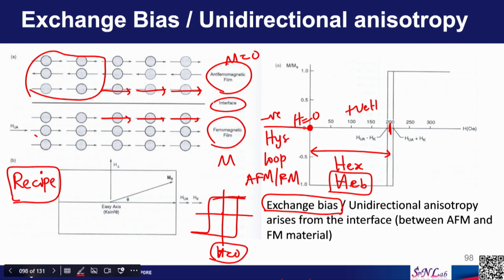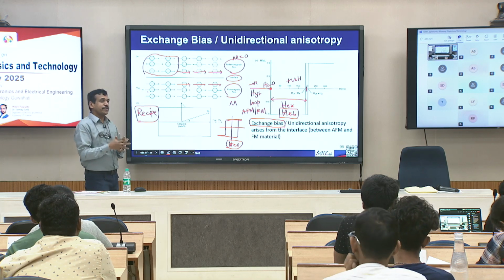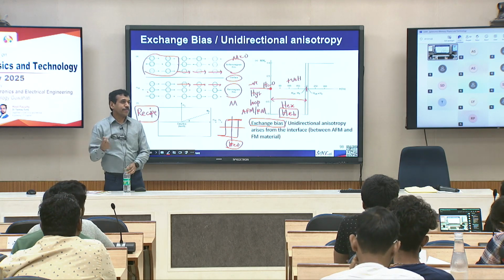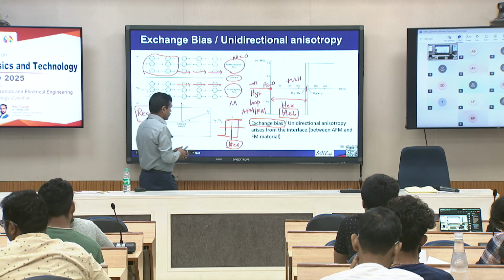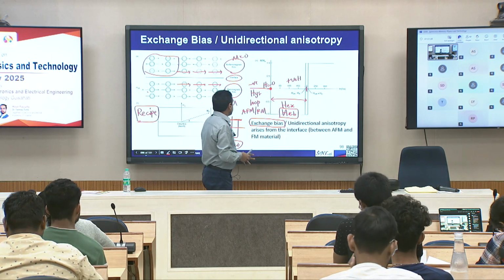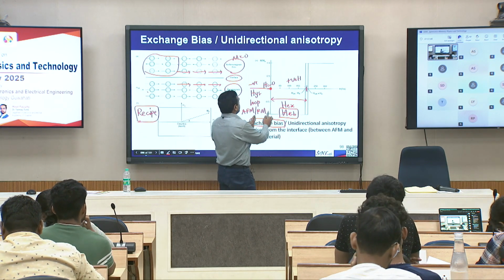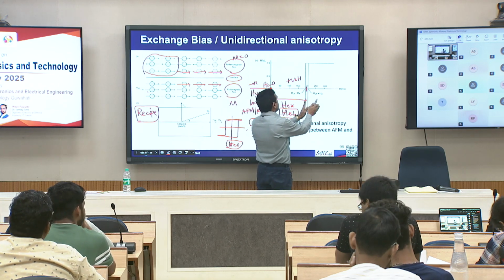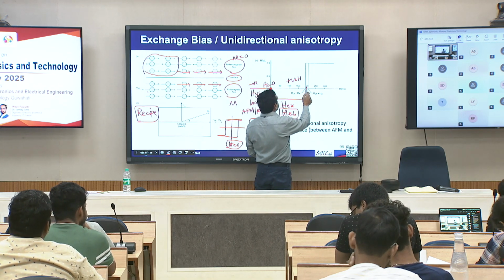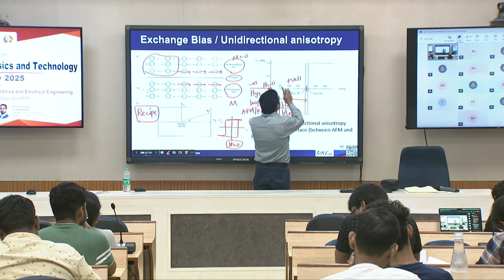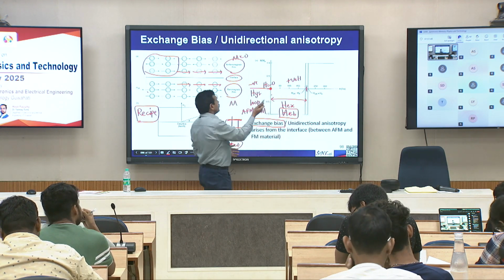Bias, you know what that means, right? You are not in the center, you are not taking a neutral decision, you are biased to one side. So in this case the hysteresis loop is biased to one side. The center of the hysteresis loop is on one side of the field direction.